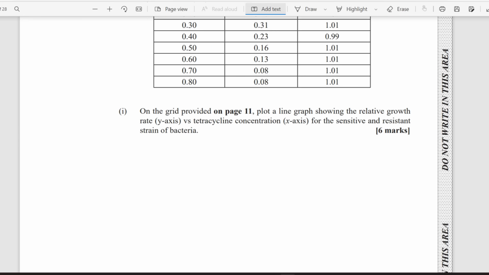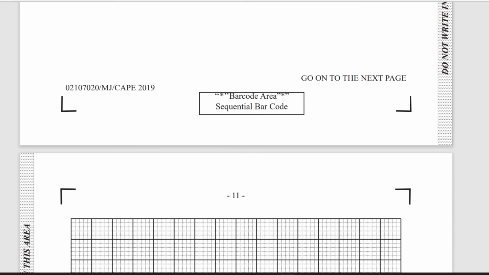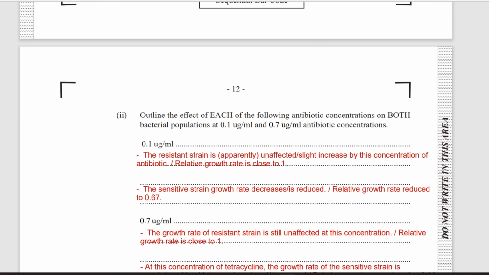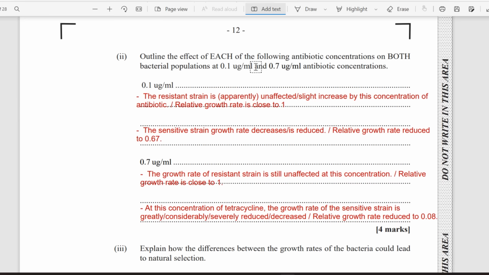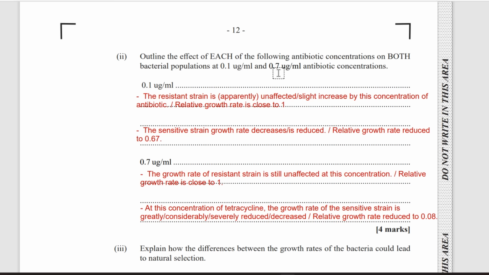So look at the questions that I have here now. They say outline the effect of each of the following antibiotic concentrations on both bacterial populations: at 0.1 microgram per milliliter and 0.7. Okay, so there's one to know for each one. So 0.1, let me take a look at it.